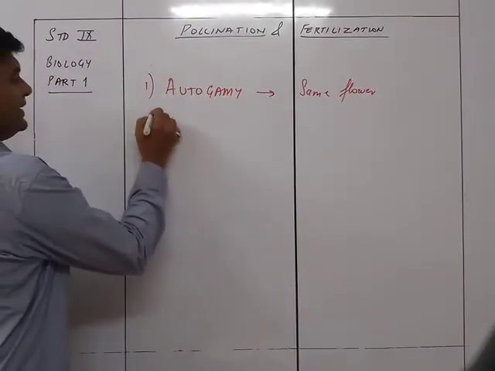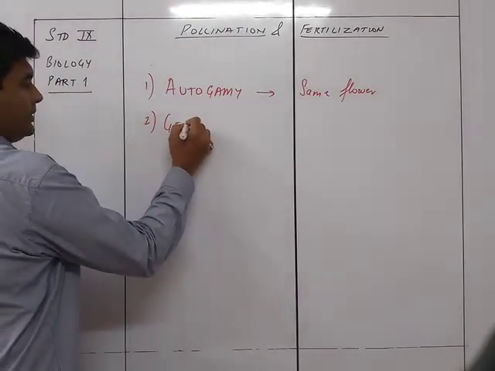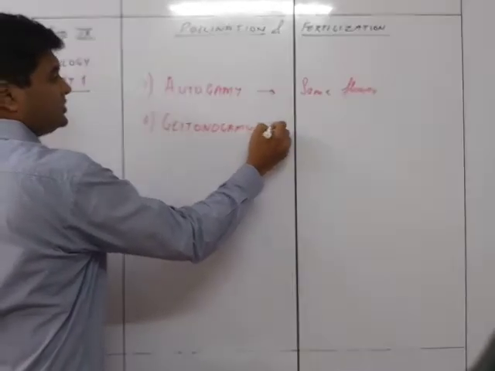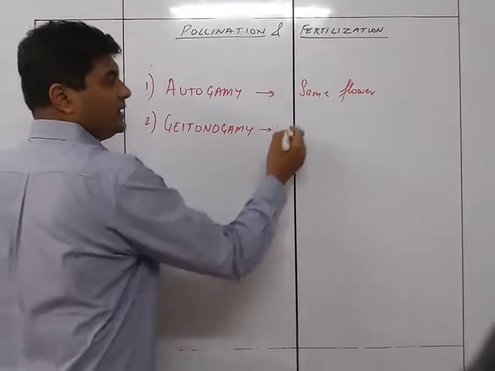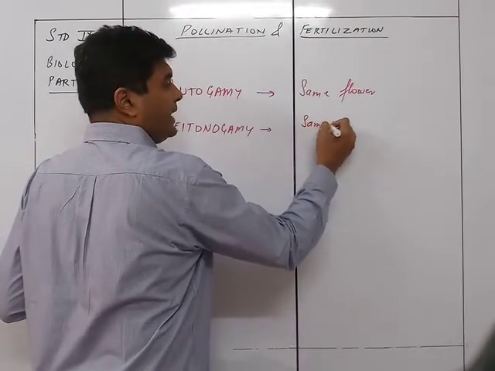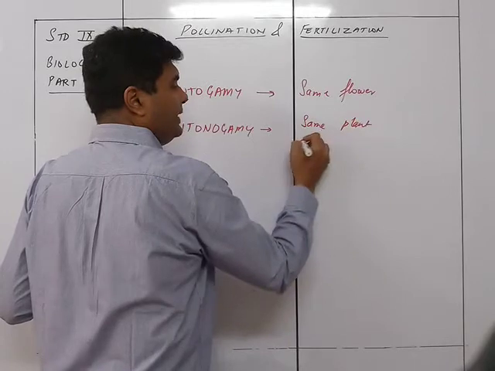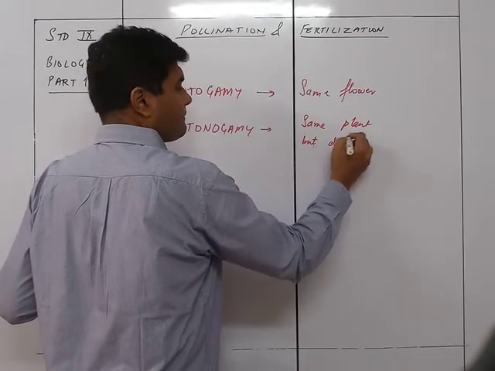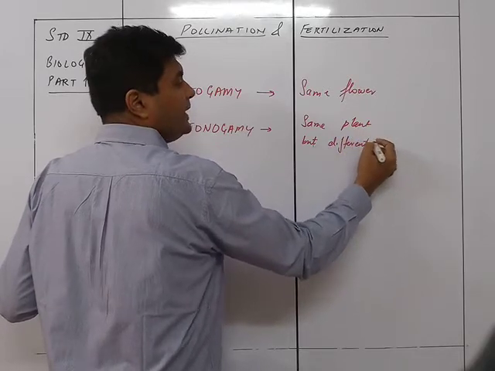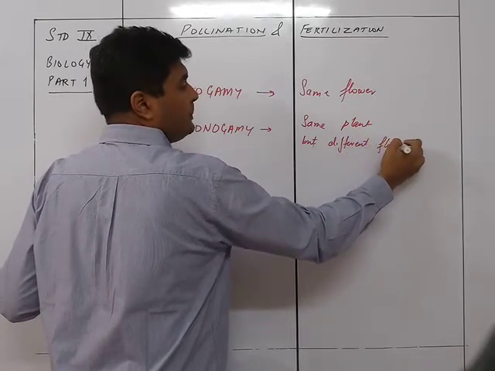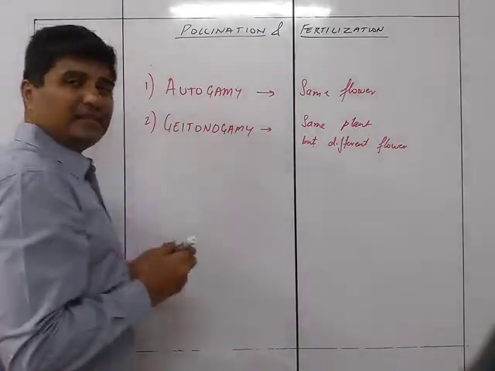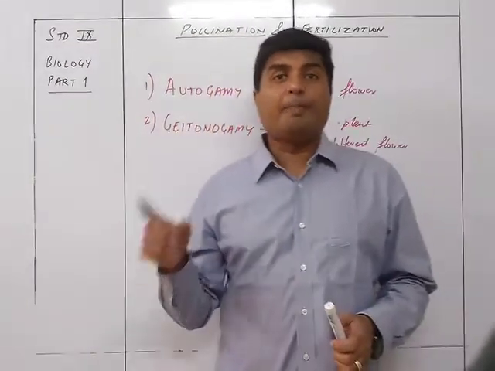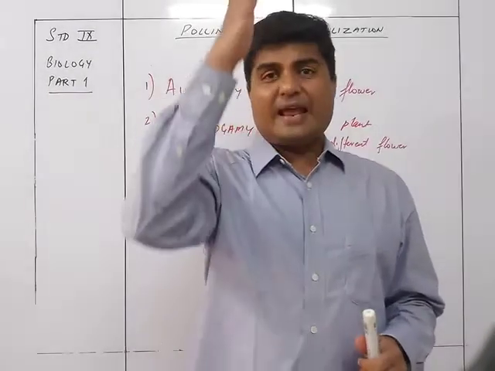The second one is geitonogamy. Geitonogamy is the method in which it is the same plant but a different flower. So when the pollination takes place from the anther of one flower to the stigma of another flower, but both flowers are on the same plant.